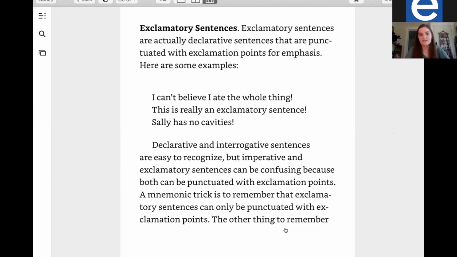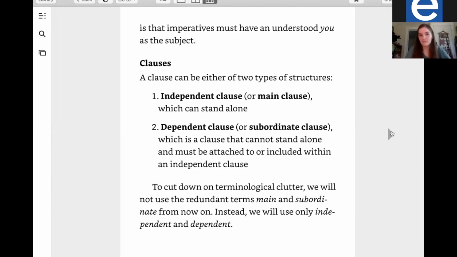Exclamatory sentences are essentially declarative sentences punctuated with exclamation points for emphasis. It can also indicate that you're raising your voice or that you are emotional about something, that you're emphasizing something. They're always going to be punctuated by an exclamation point.